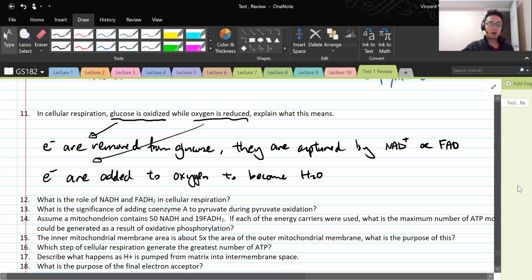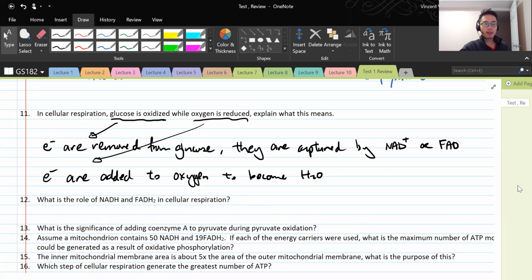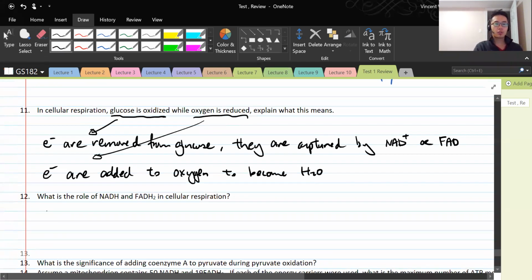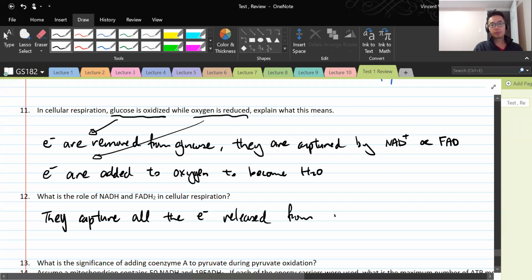What is the role of NADH and FADH2 in cellular respiration, right? They capture all the electrons released from glycolysis, pyruvate oxidation, and the Krebs cycle.